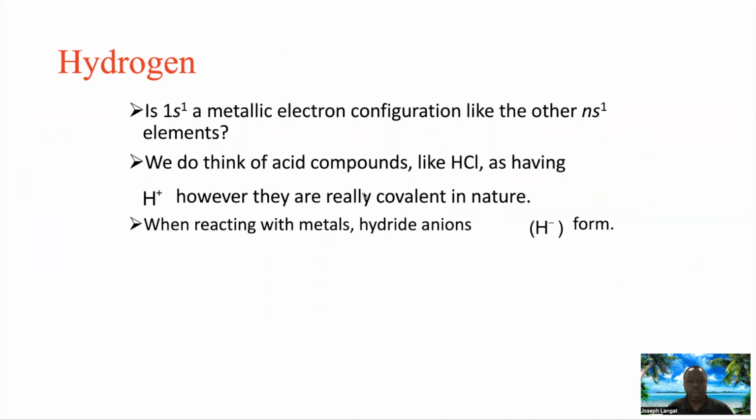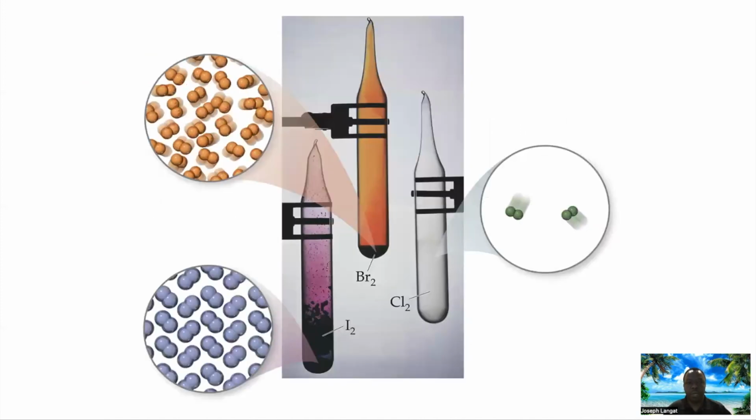But sometimes it also reacts by forming hydride, H negative, gaining one valence electron, such as in sodium hydride. So it can react as a metal, and it can react like a non-metal. Some have it in the middle of the periodic table, some have it above group 1.